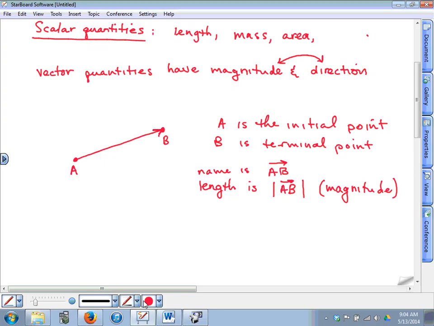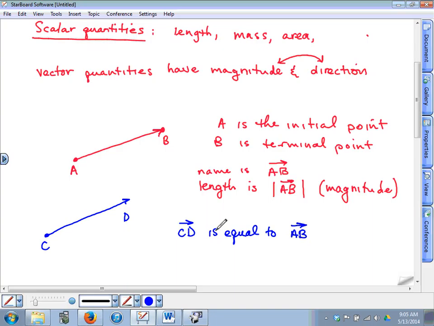Now, this vector here, vector CD, would be considered equal to AB. Why do you think that would be considered equal? Same distance and same direction. So vectors are considered equal if they have the same magnitude and same direction.